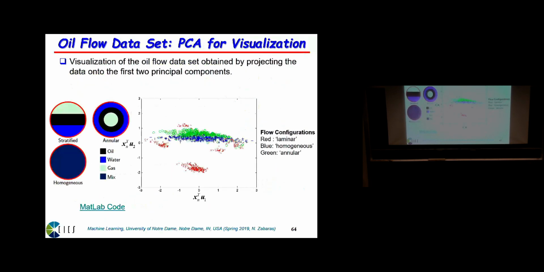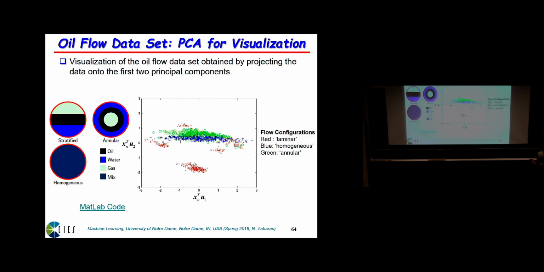This is something to test things, and what you see here is that the colors correspond to different regimes, to different classes in the data. You want to see if you project the data onto the principal directions, is the separation into classes actually obvious in latent space?